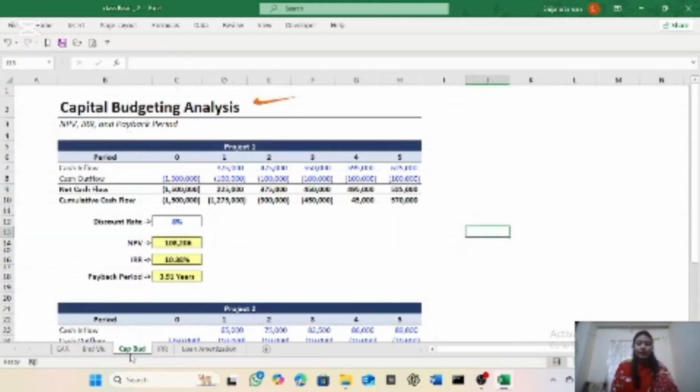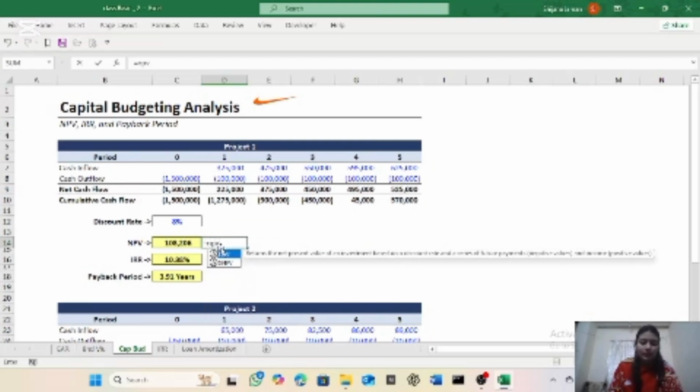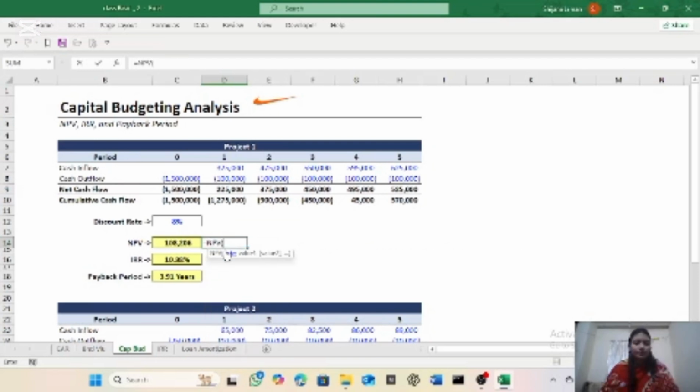Now we are calculating capital budgeting. So first of all we are calculating net present value, and it is NPV. So the formula would be NPV, rate.